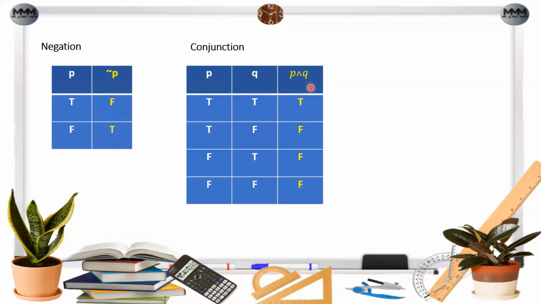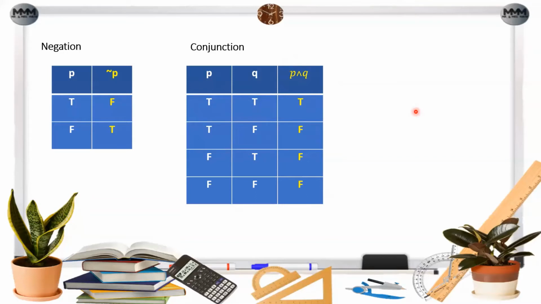Then the rest, false. Because there exists at least one false among P and Q, if there is one false in the proposition, then the resulting compound proposition becomes false, as you can see here.